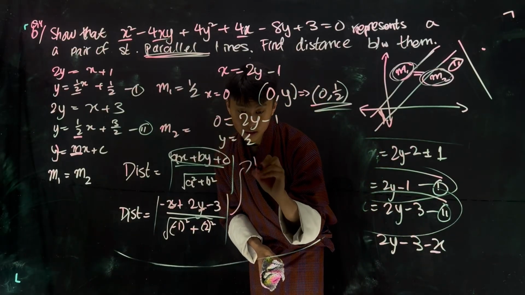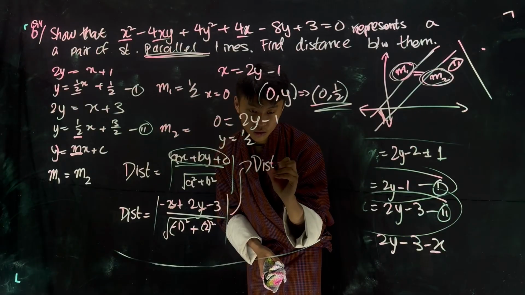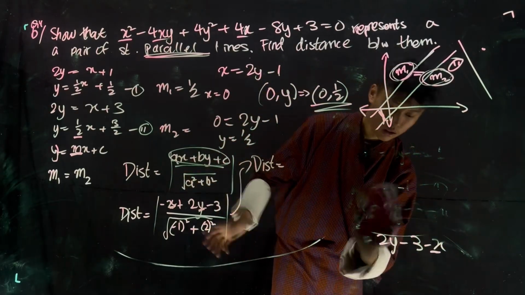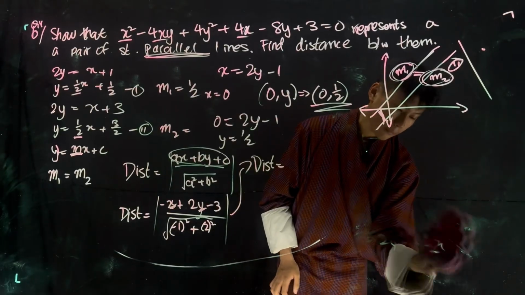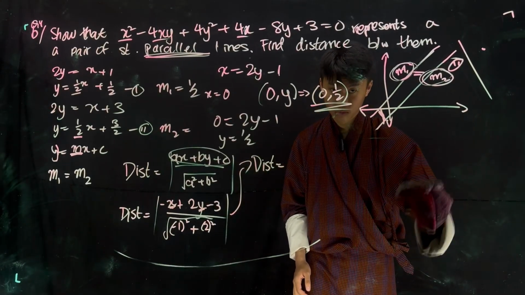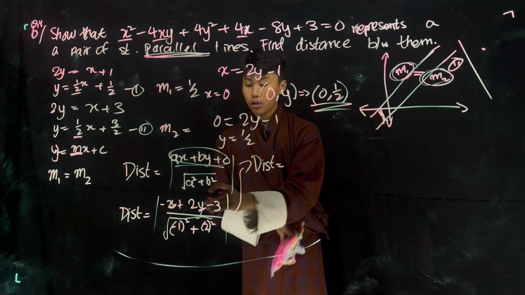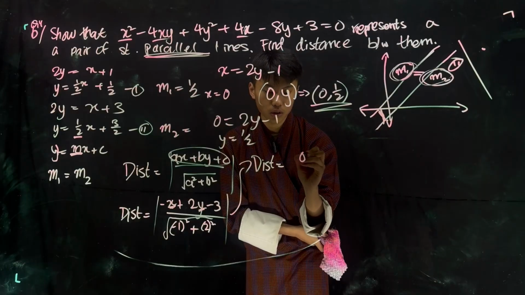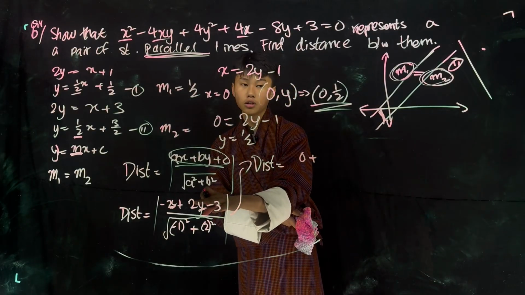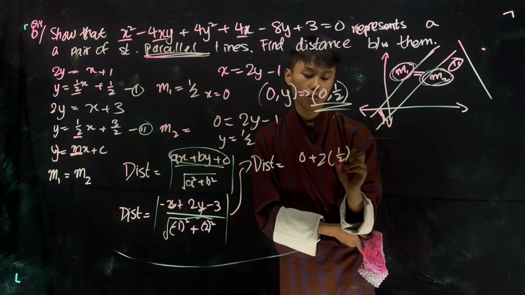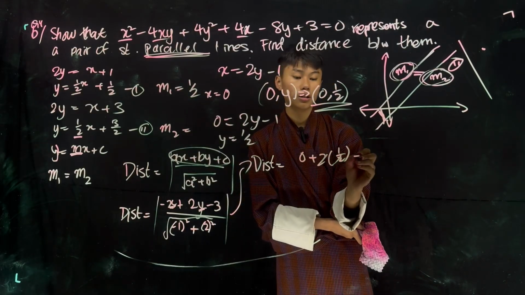Let's do just that. So substituting the coordinates into this equation, okay, so instead of x we can substitute 0 here, so 0 plus, instead of y we can substitute half, so 2 times half will give us 1 minus 3.